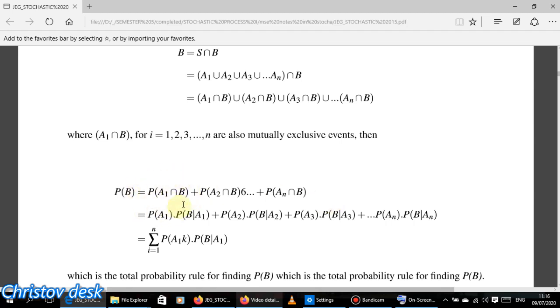And then remember that when you go into the Bayesian, you go into the conditional probability.